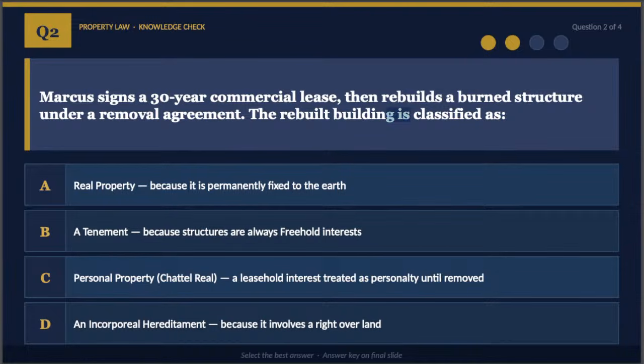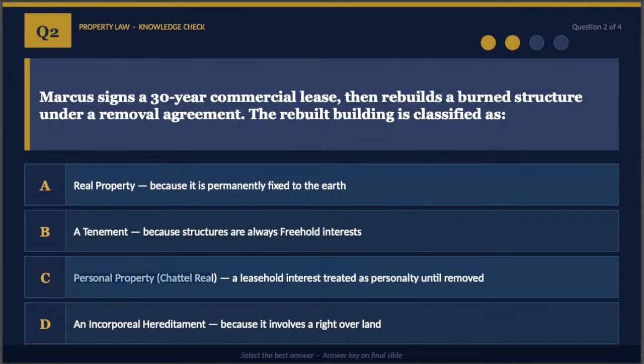The rebuilt building is classified as: A, real property because it's permanently fixed to the earth; B, a tenement because structures are always freehold interests; C, personal property, chattel real, because a leasehold interest is treated as personalty until removed.